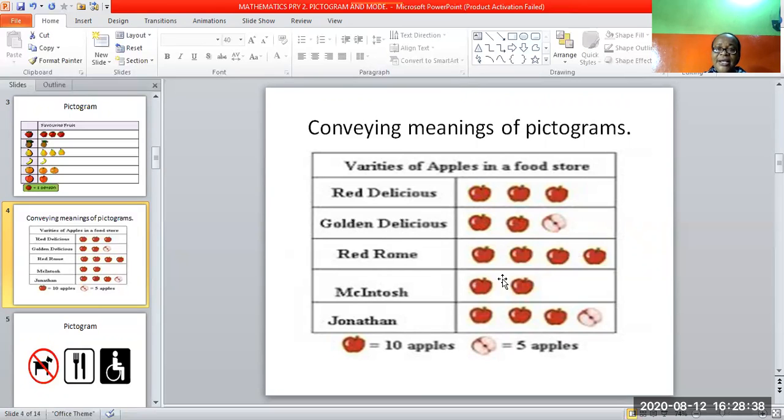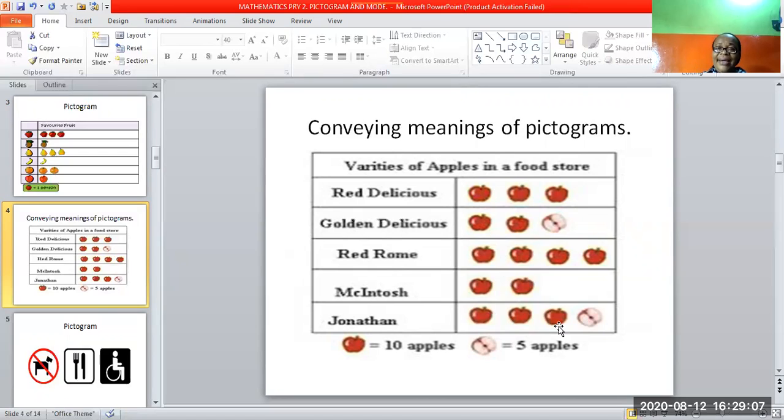Only 2, as in 10, 20. 20 apples were sold on that day in the store. Jonathan apple was sold 10, 20, 30, 35. 35 apples of the Jonathan apples were sold.